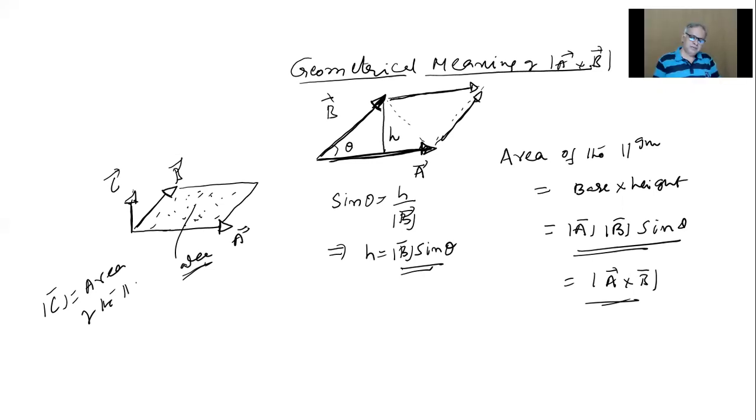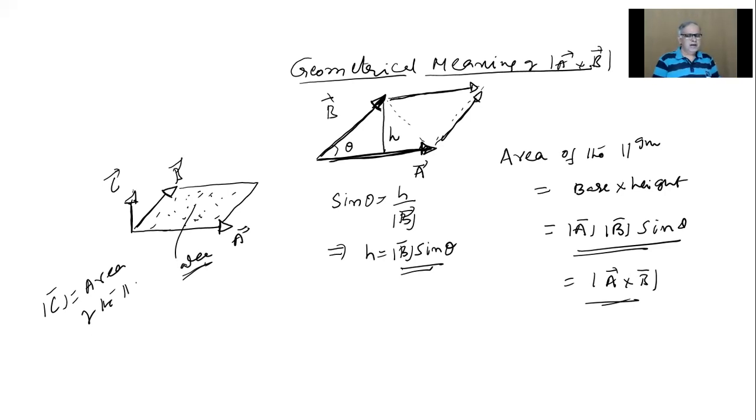So the definition itself took some time because this is a vector. So when you close your eyes and think about the cross product, you should think that way. There are two vectors making an angle theta that can be 0 to 180, of course.